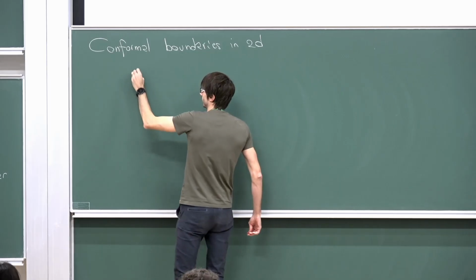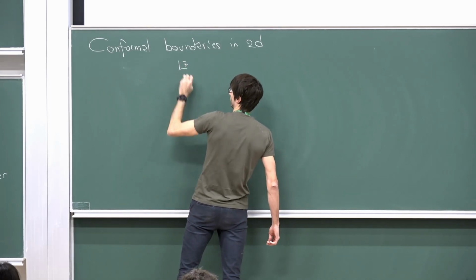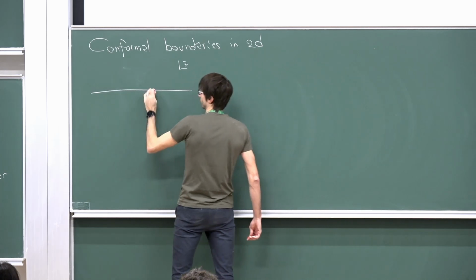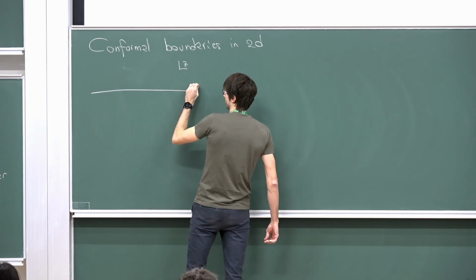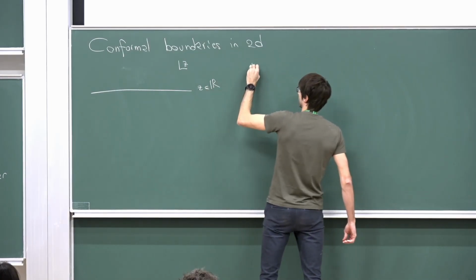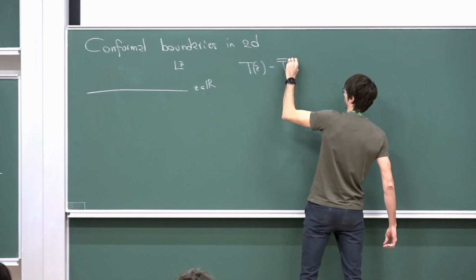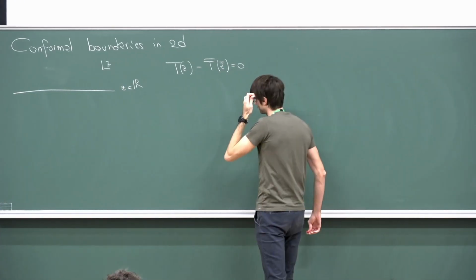So conformal boundaries obey. So here I'm going to be in 2 dimensions, so I'm going to have a plane, which is actually the upper half plane, and the z real is where the boundary is, and then the boundary is conformal if the Cardy-Bloom condition is satisfied.